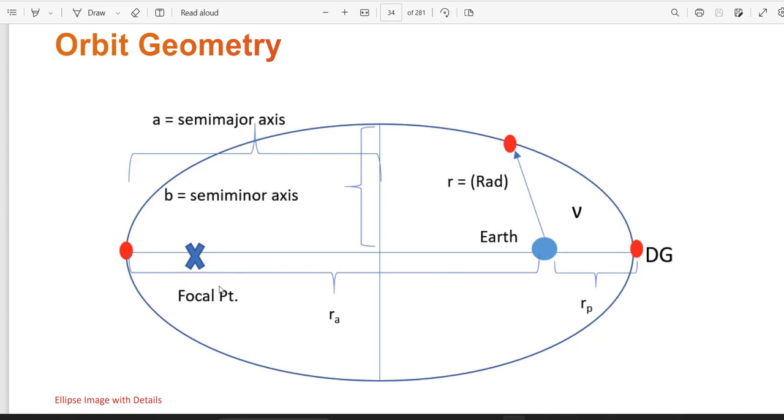This is the distance of furthest approach, and it's called the apoapsis distance. I talked about this before. This is the semi-major axis, or radius, essentially, of the orbit. And this distance here is called the semi-major axis. This is an ellipse, and Earth is located at one focal point, and there's nothing located at the other.